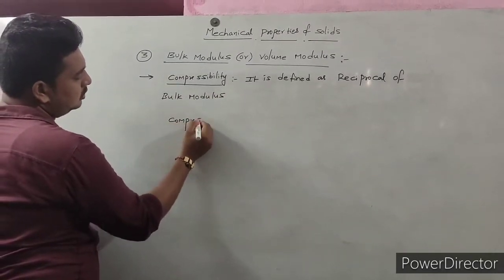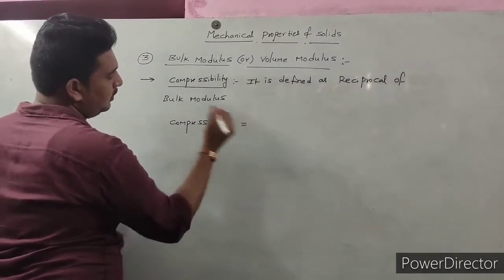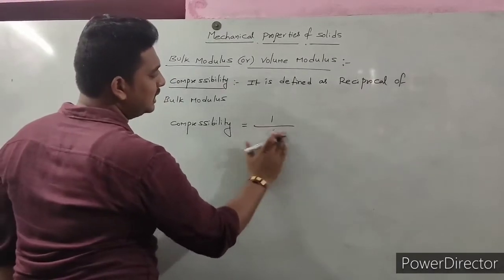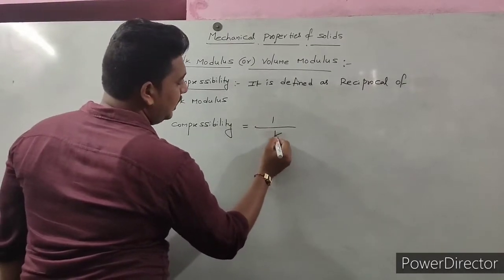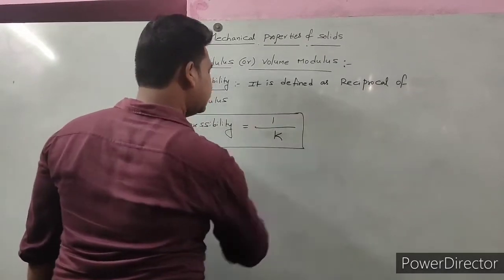Compressibility is equal to 1 by bulk modulus. Bulk modulus is nothing but K, so compressibility is equal to 1 by K.